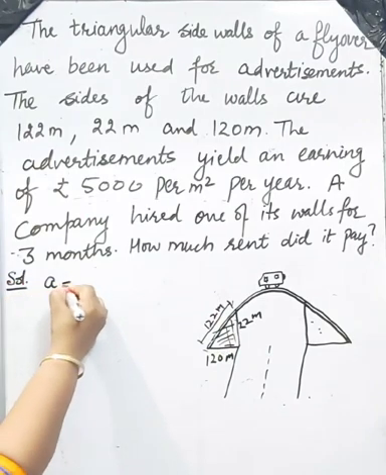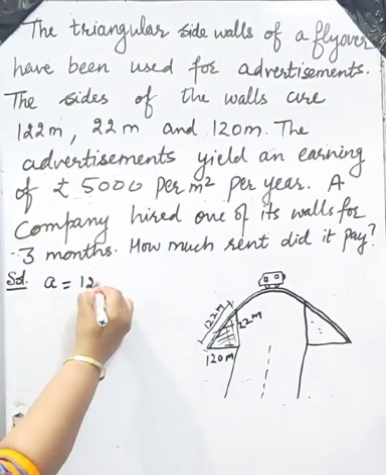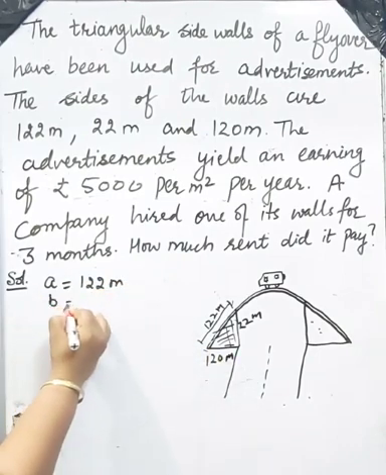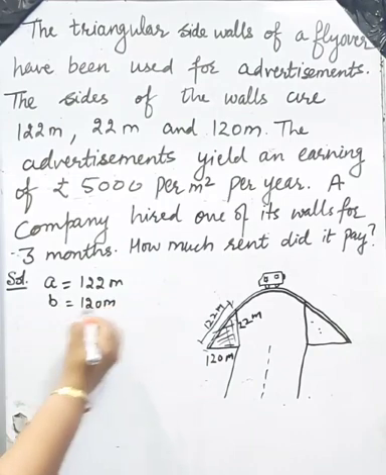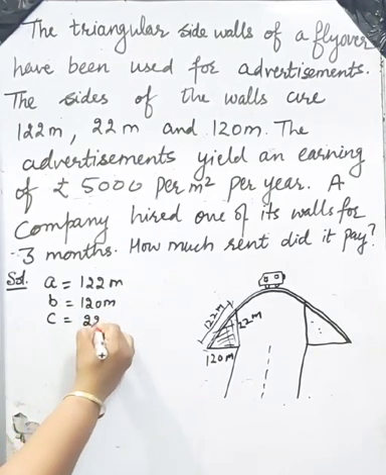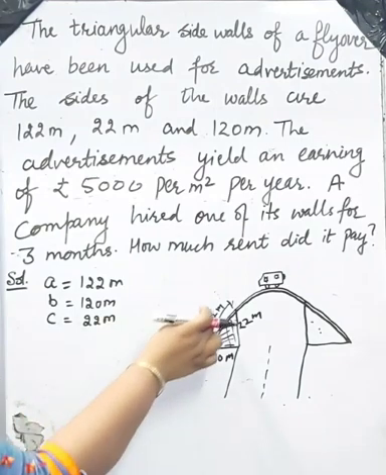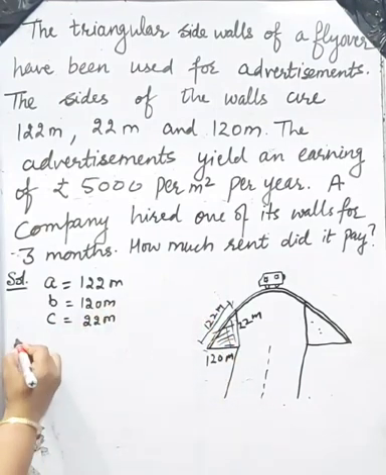Therefore a equal to 122 meter, b equal to 120 meter and c equal to 22 meter. Now by using Heron's formula, find the area of this triangular wall.